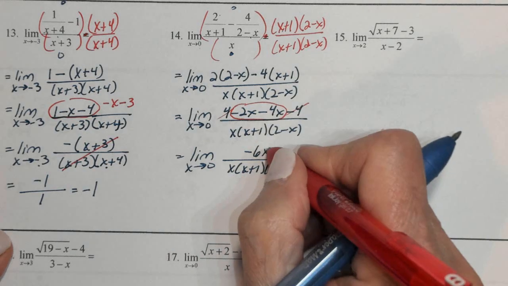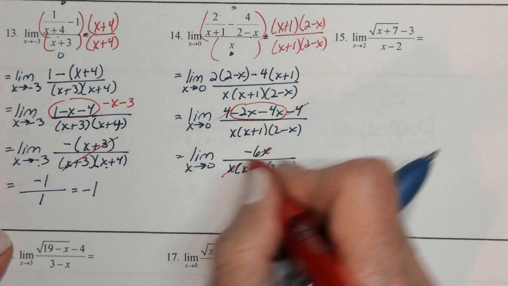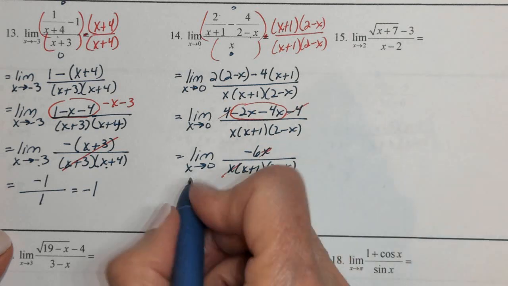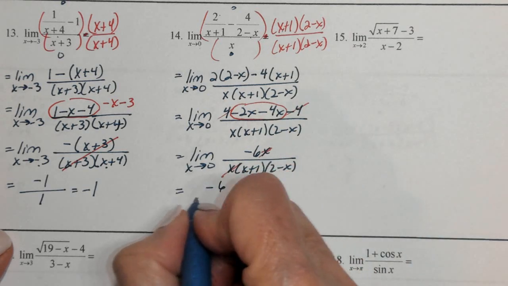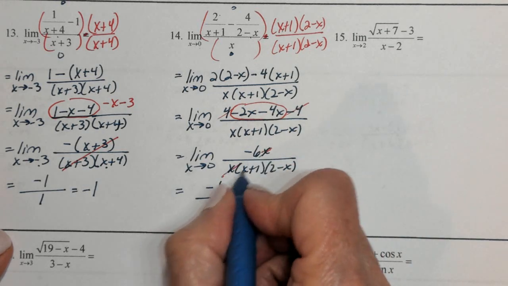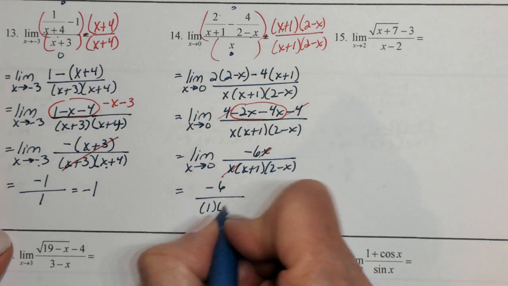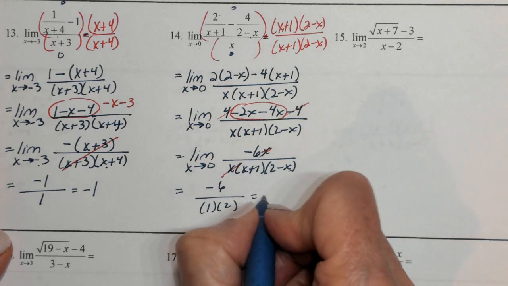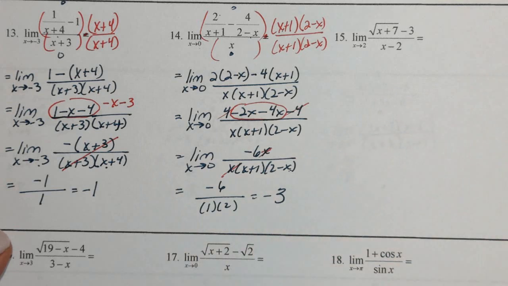Now I can reduce those x's because x cannot be 0. Plug in 0 to the remaining x's and we get negative 6 on top, and we have 1 times 2 on the bottom, so this is a negative 3.